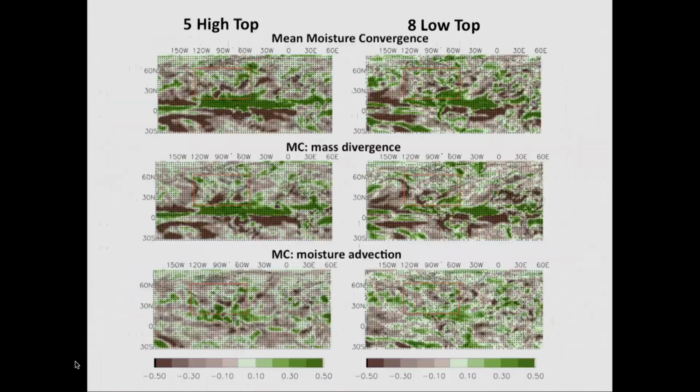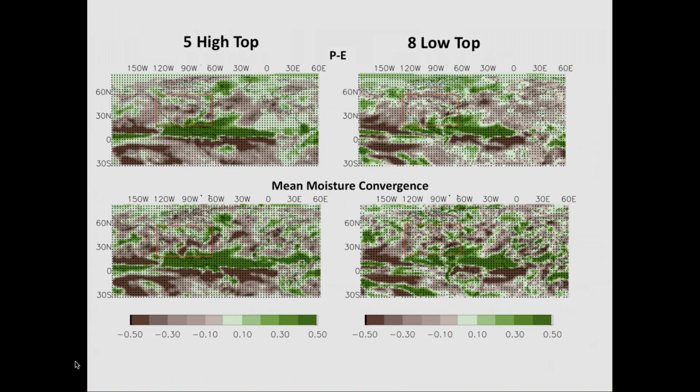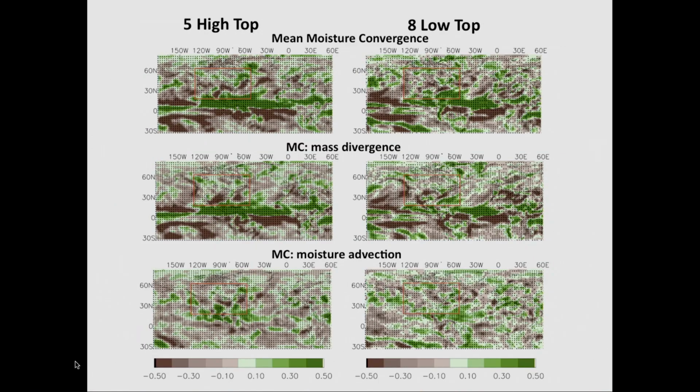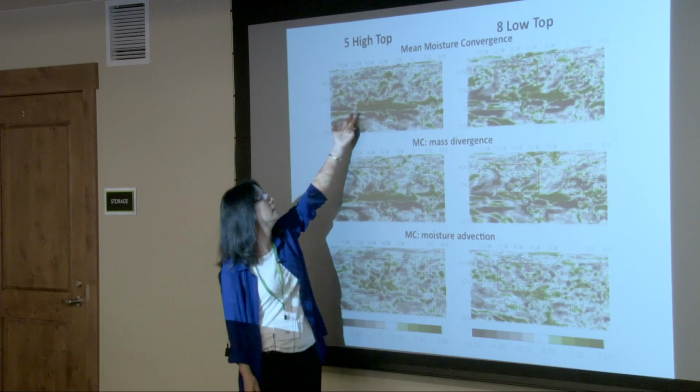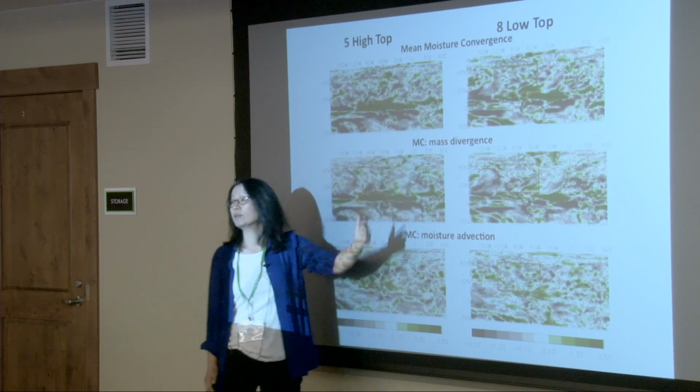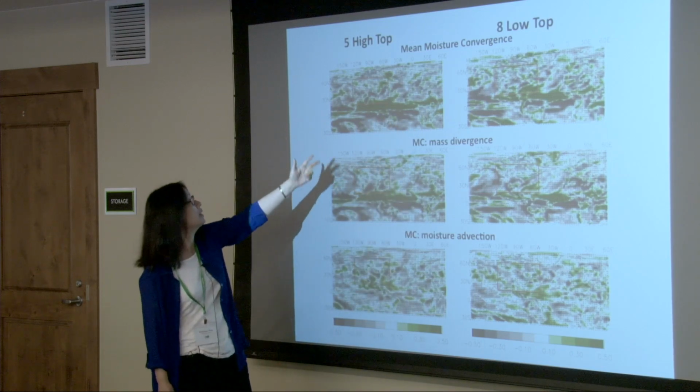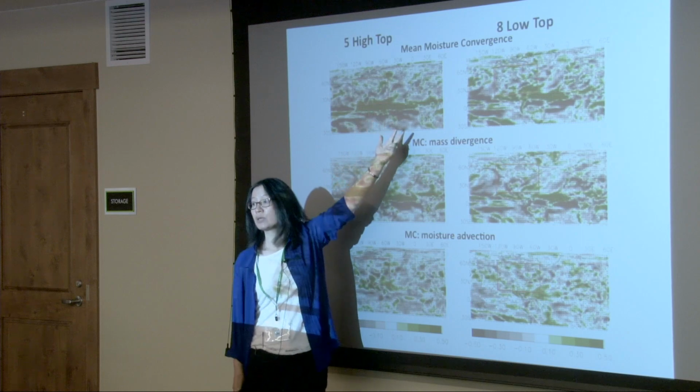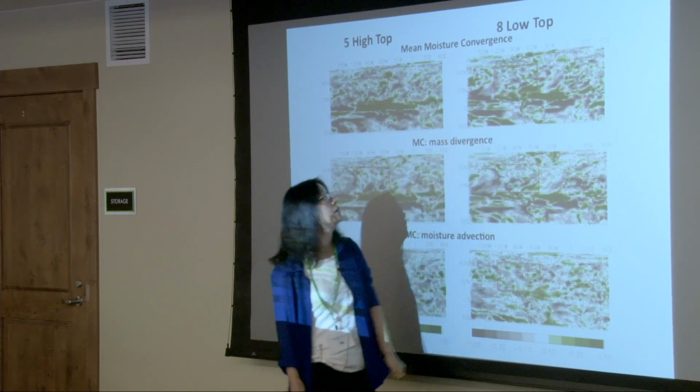So as a last thing that I want to show here is just the high top versus low top. What is going on? Why are they different? This is just showing the P minus E and mean moisture convergence. What's interesting here is that you notice the differences mainly in the strength of the tropical convection. In the high top model, you have much stronger tropical convection compared to the low top models.